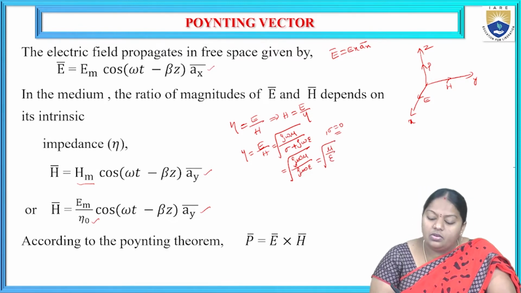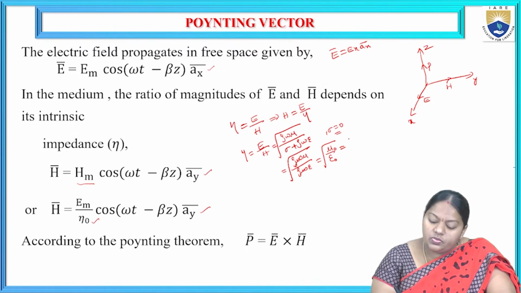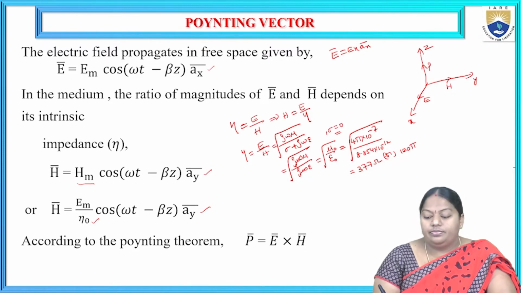Right? For a free space medium we represent mu and epsilon as mu naught and epsilon naught. We substitute their values, 4 pi into 10 power minus 7 by 8.854 into 10 power minus 12. Then this is approximately equal to 377 ohms or 120 pi ohms.